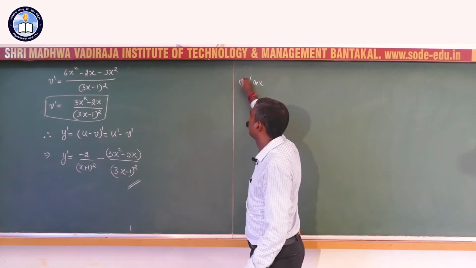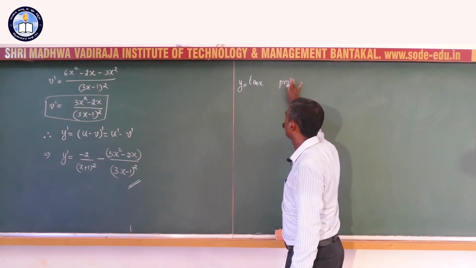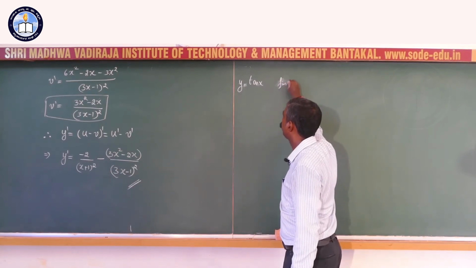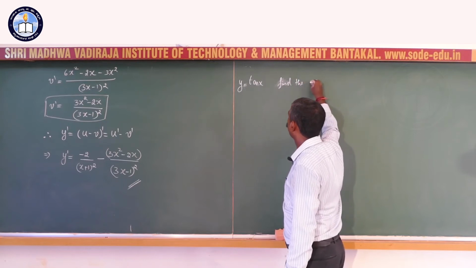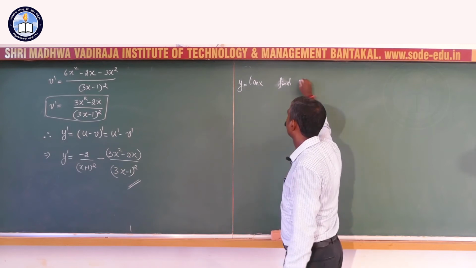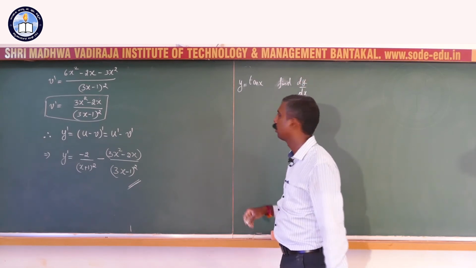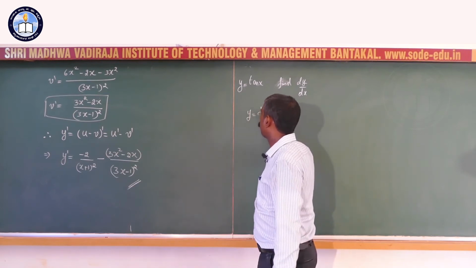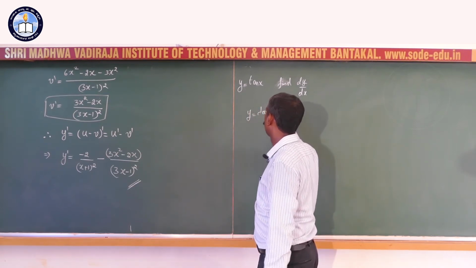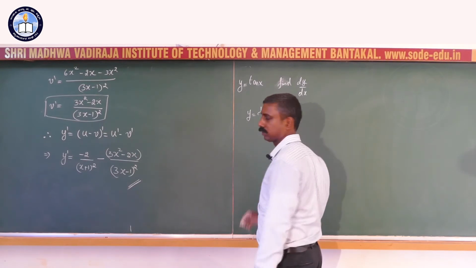Let y be equal to tan x, find dy by dx. Y is equal to tan x, which is also equal to sin x divided by cos x.